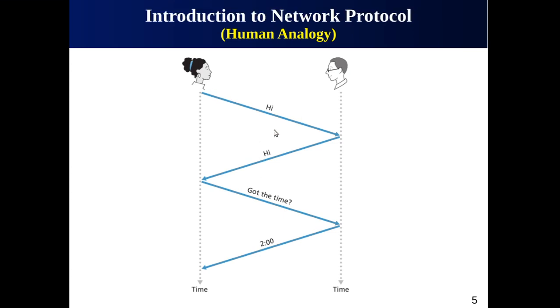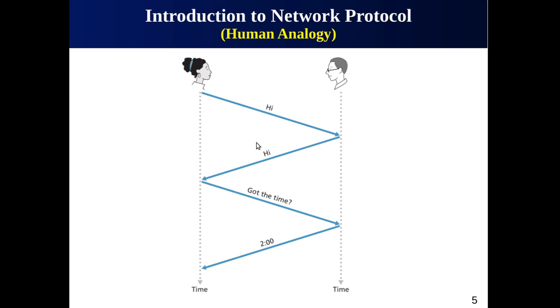A typical exchange of messages is shown in this figure. In this human protocol, there are specific messages like hi from both sides, got the time, it's 2 p.m., for example. All these are specific messages that we send and specific actions that we take in response to receiving these reply messages.